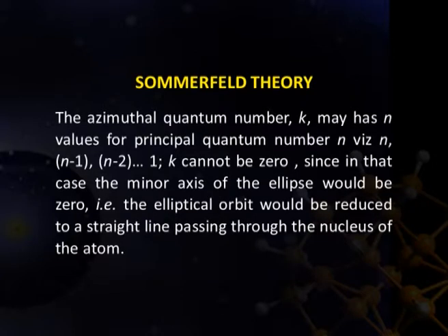The azimuthal quantum number k takes values for principal quantum number n as n, n minus 1, n minus 2 and so on. k cannot be 0, since in that case the minor axis of the ellipse would be 0, that is, the elliptical orbit would be reduced to a straight line passing through the nucleus of the atom.